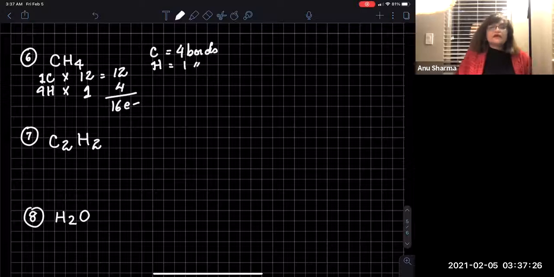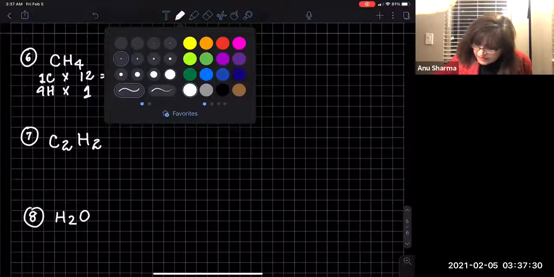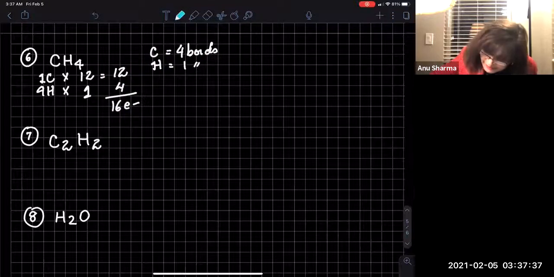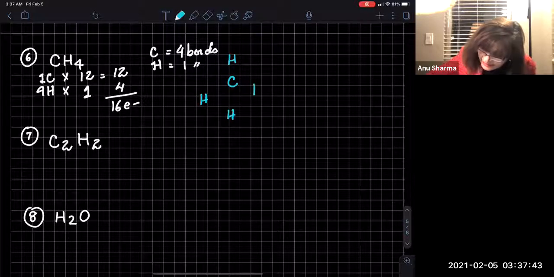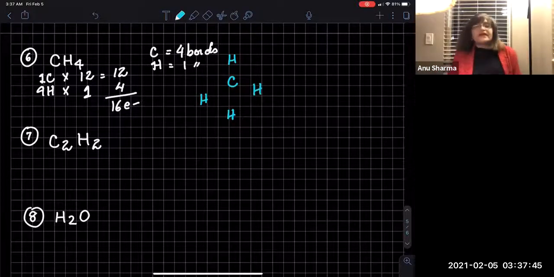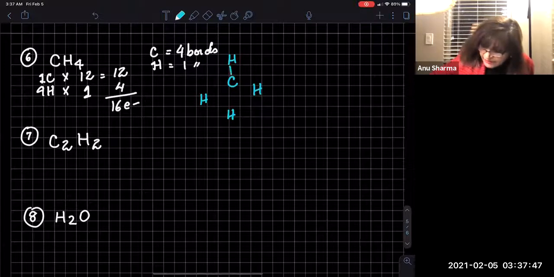Hydrogen is making 1 bond. Okay. So now we see that carbon is in the middle, and 1 hydrogen here, another here, another here, and another here. All right, and so now we connect them.